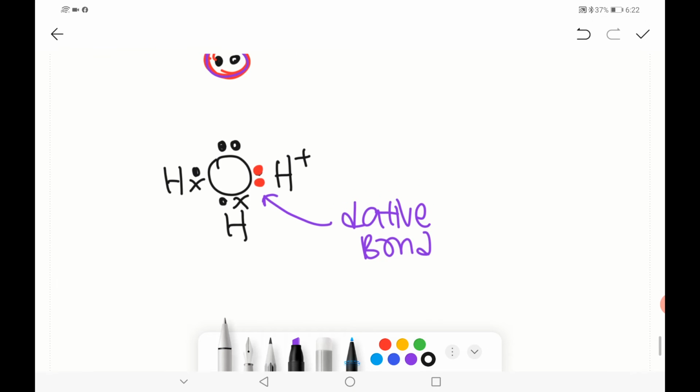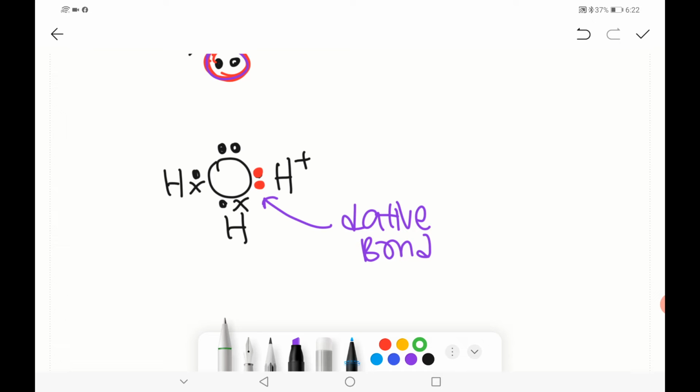At the end of the day, you can see each H has a duplet, and the oxygen has 2, 4, 6, 8, an octet. So everyone is stable.